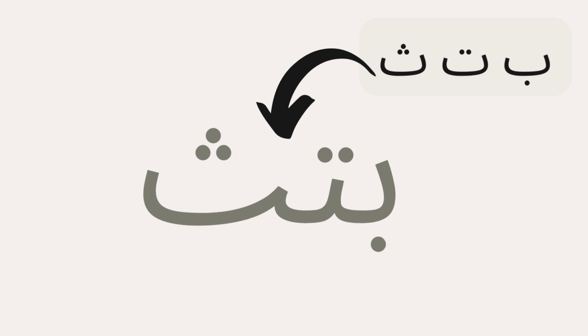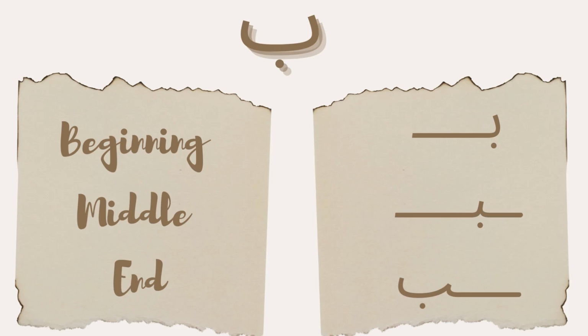For example, ba will be connected to ta, which will be connected to tha, as we see here. So we connect Arabic letters together to form words, which means every single letter will have different shapes according to its position in the sentence.